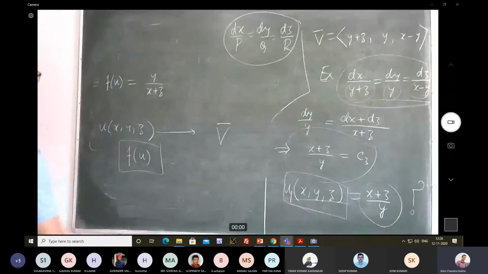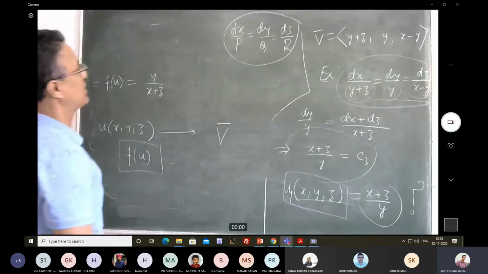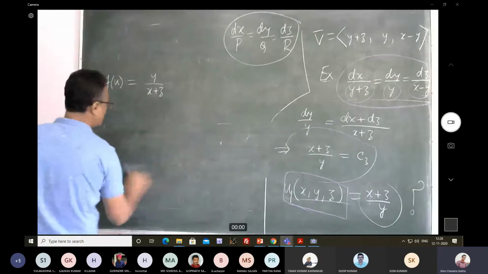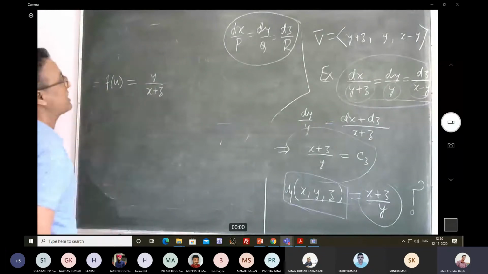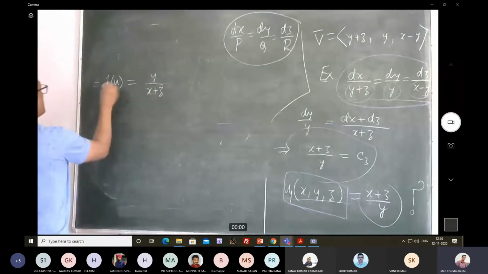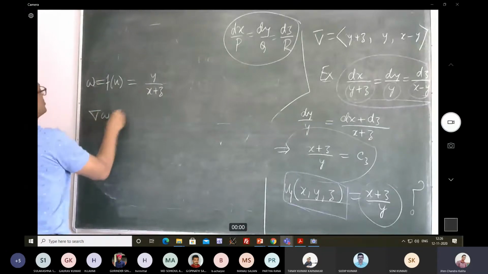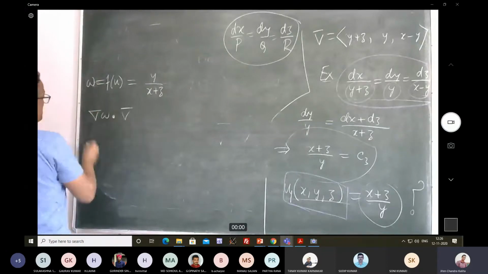So now let us check whether this is a first integral for this one or not. So then what is going to happen? Like if I want to check, say suppose this is W. So now I have to check this product.